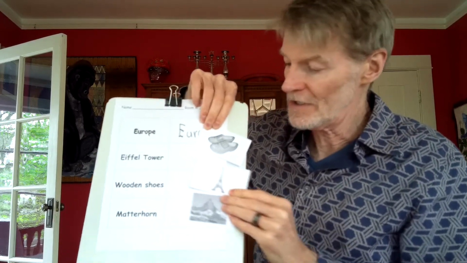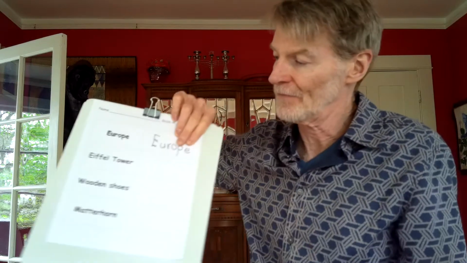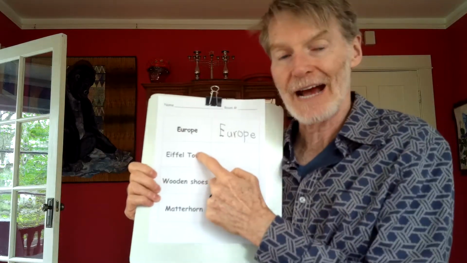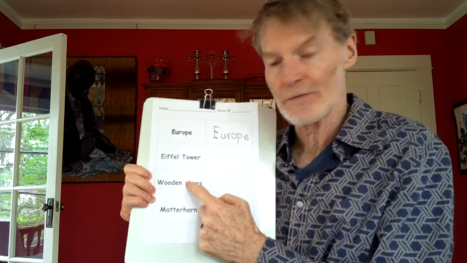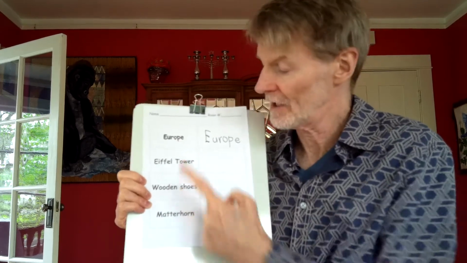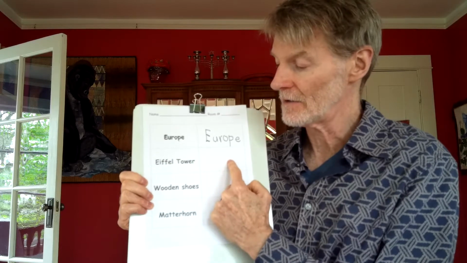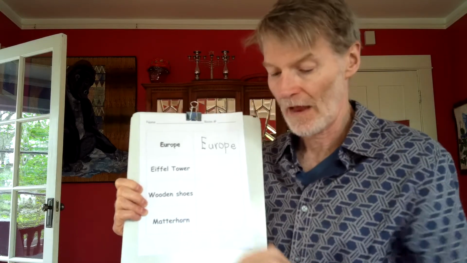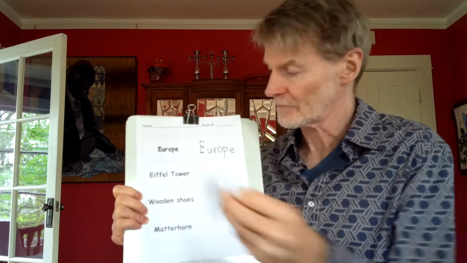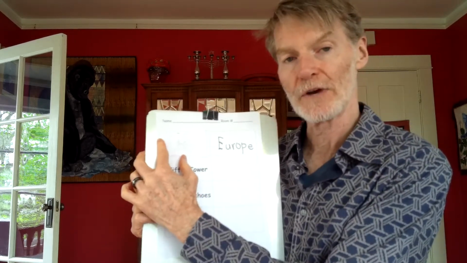You have 3 pictures that you then figure out which one goes with the Eiffel Tower, which one goes with the name wooden shoes, and which one goes with Matterhorn. Same idea, trace and write, trace and write, trace and write, and then you glue the picture over the word that you did tracing on.